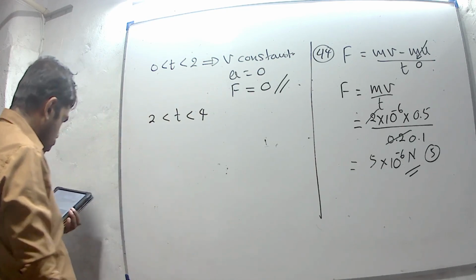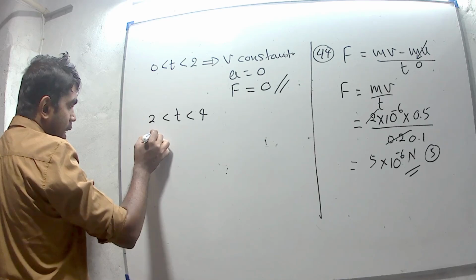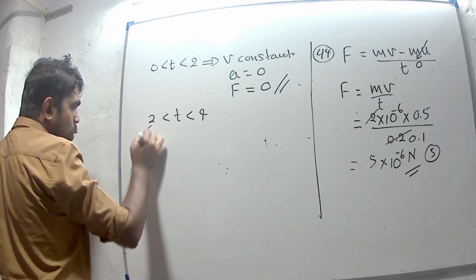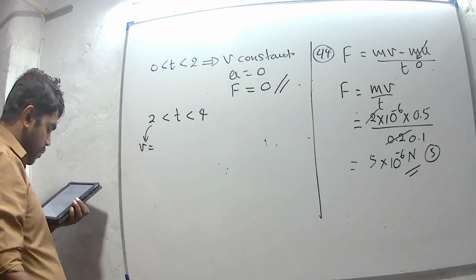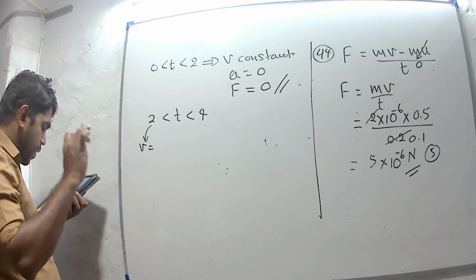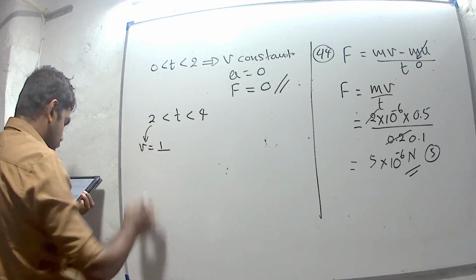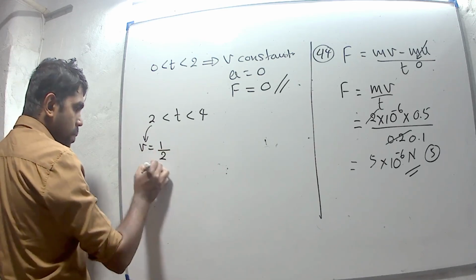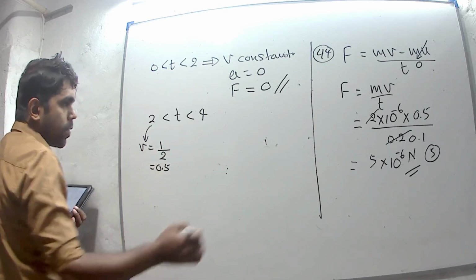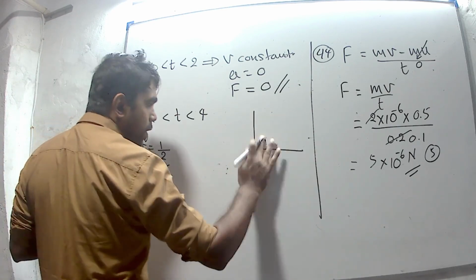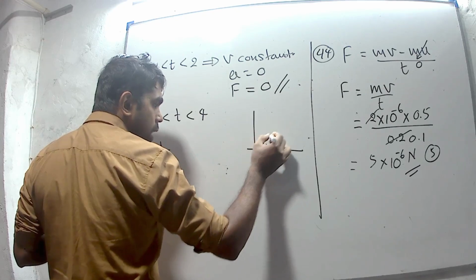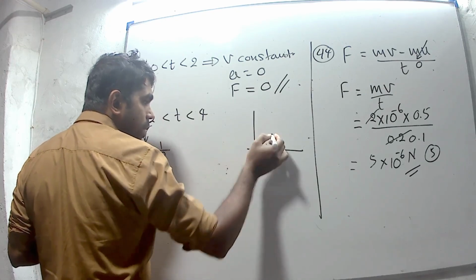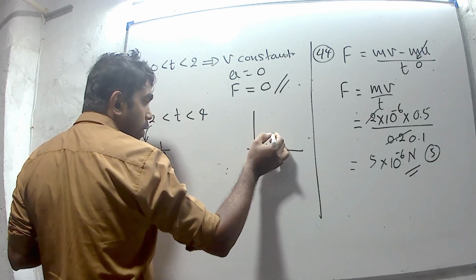At time 2, we can get the velocity at 2 by the gradient of the first part of the graph: difference of y divided by difference of x. It means 0.5. You can get the graph like this. You have to consider the gradient of this part to get the velocity for this point.